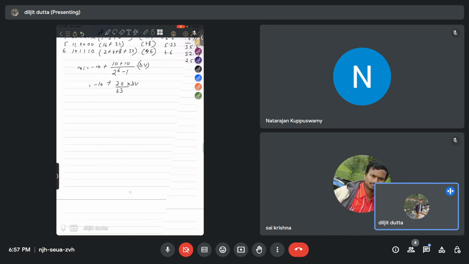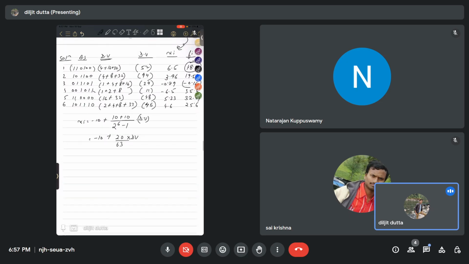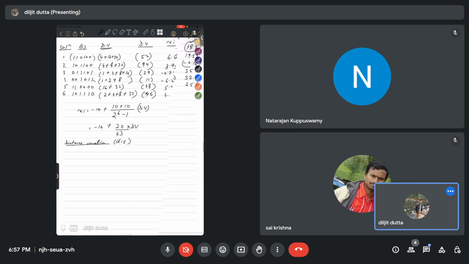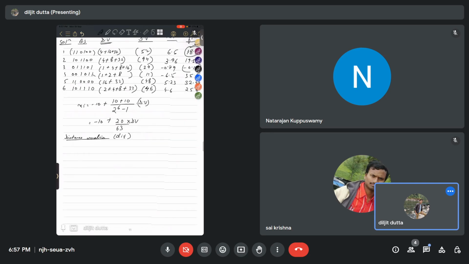Okay. So now first we will get the distance matrix. We will denote the solutions like this.